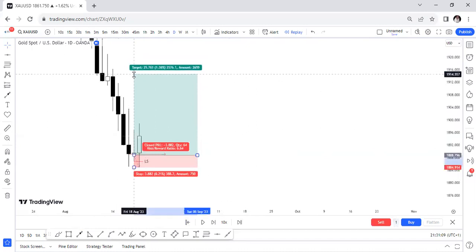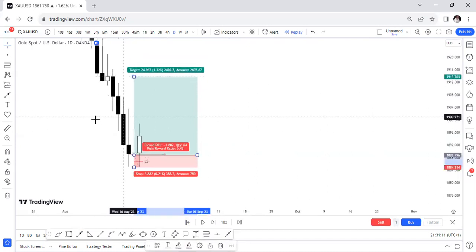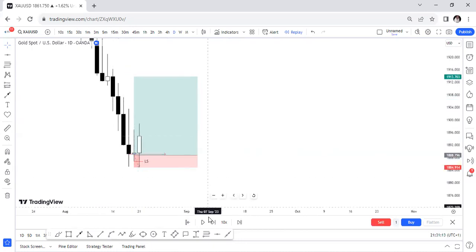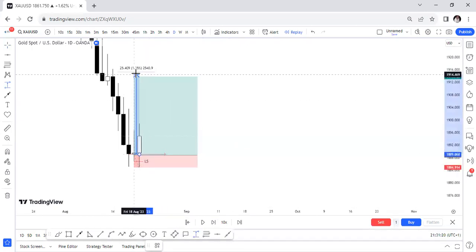Let's therefore target this fresh level. You are targeting almost about to this level, 248 pips, 249 pips.